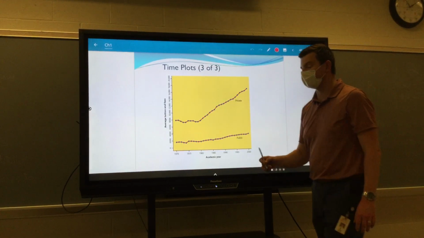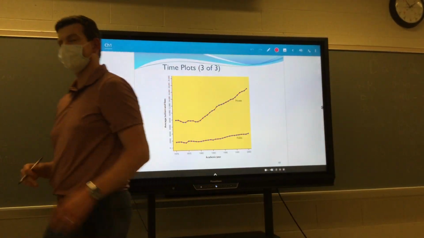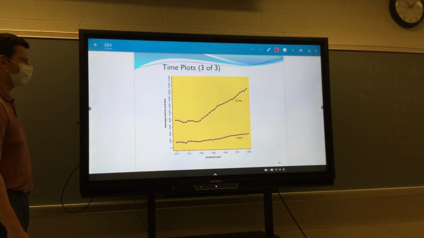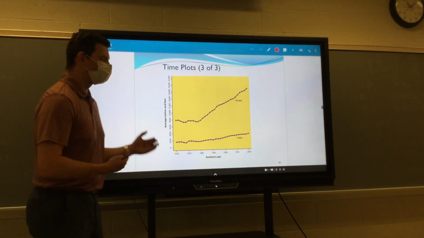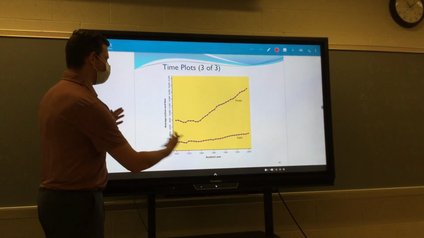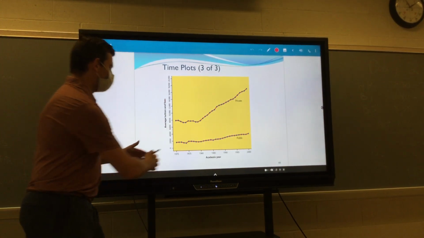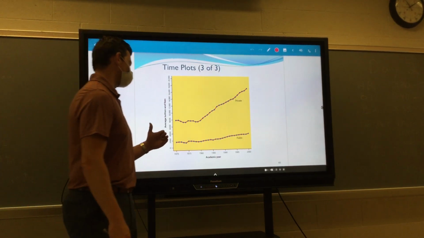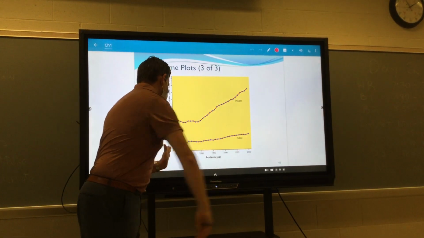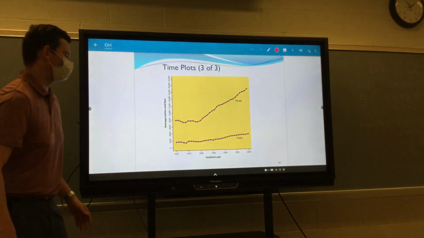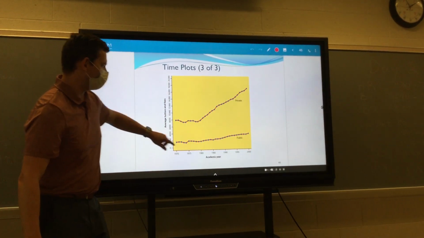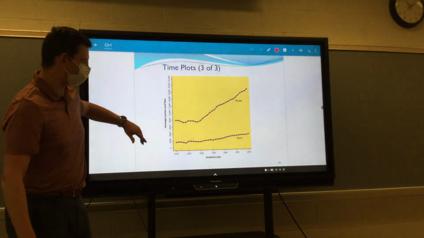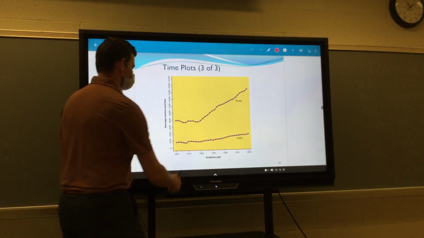This is also good for comparison. Kind of like what we saw with the bar graph. You could be comparing two or more items on the same axes. Okay? Here we're looking at average tuition and fees at universities, the academic year 1970 through 2000. We have public universities staying low, and then private universities.